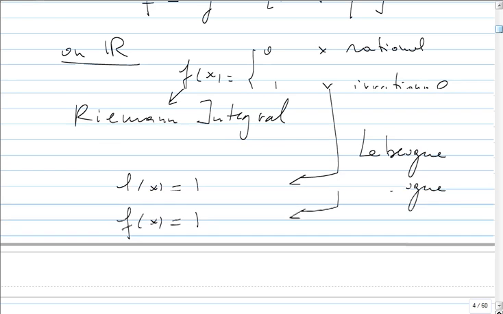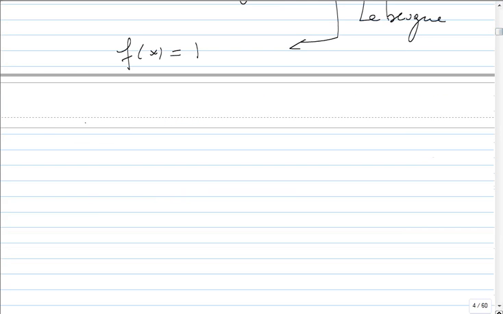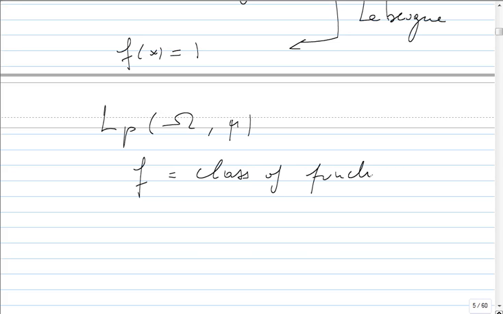This is just a slight difference that we have to be very careful about when you are in LP of omega, mu. We don't look at f as a function by itself. It becomes a class of functions.